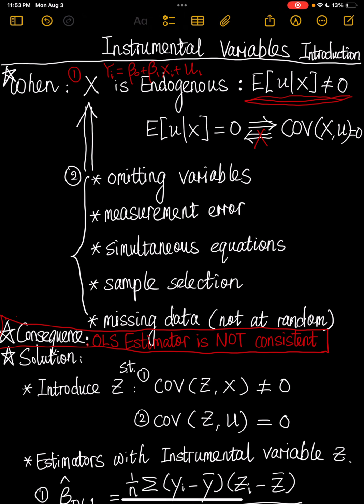So for example, in the simple linear regression case, when y_i equals beta 0 plus beta 1 x_i plus u_i, usually one of the assumptions for conducting OLS, the ordinary least squares estimator, is that the conditional expectation of the error term given the independent variable x should be zero.